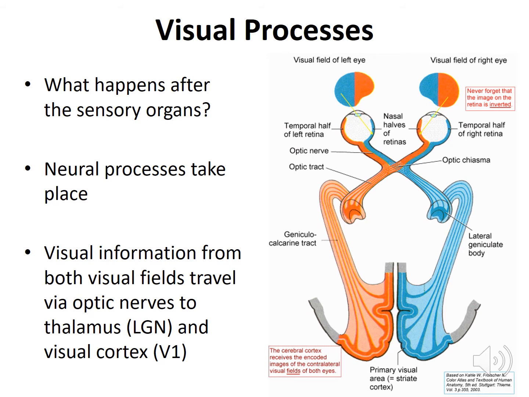And this optic tract leads then to the so-called lateral geniculate nucleus, or here lateral geniculate body, the LGN, which is part of the thalamus. And the thalamus basically acts as a relay center for visual processing. And then from the LGN, there is a geniculocalcarine tract that leads into the primary visual area of our visual cortex, particularly into V1.